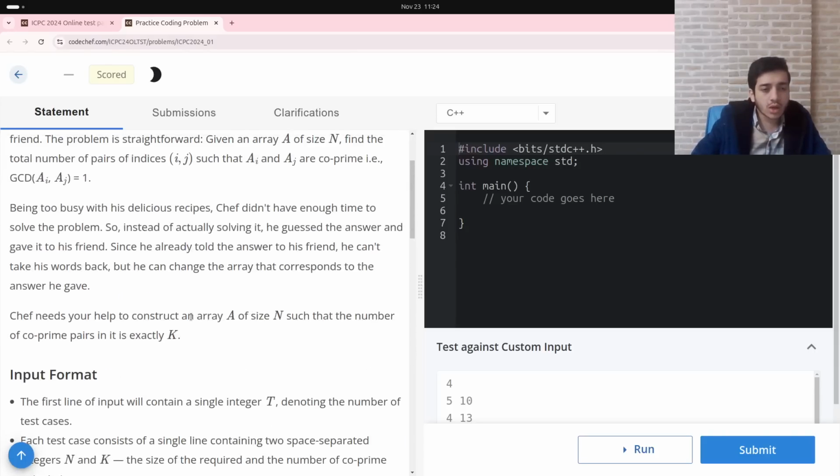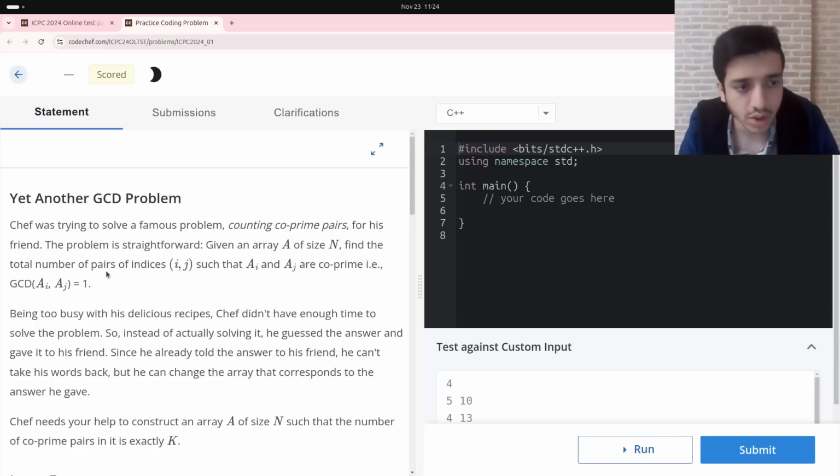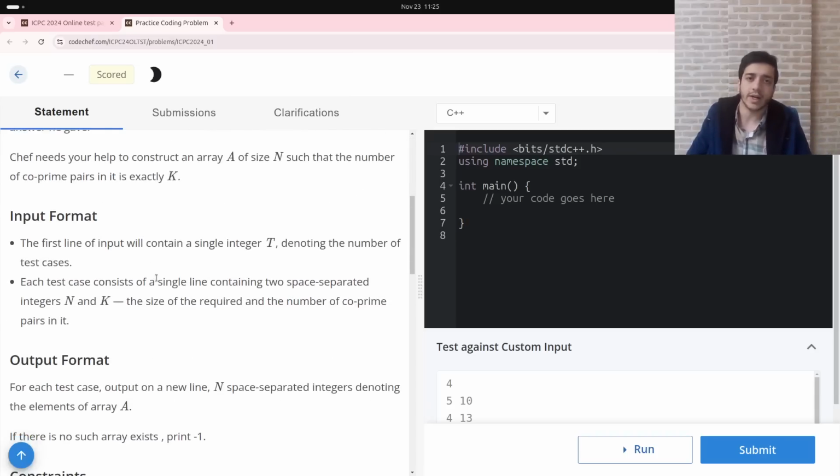So it's like, yeah. To make you understand it better, let the total number of pairs of indices such that AI and AJ are coprime be the score of the array.